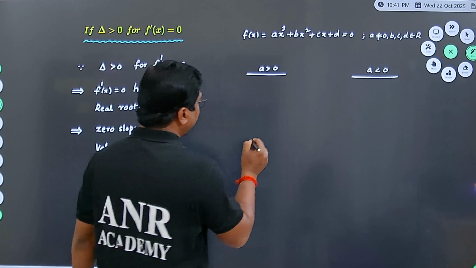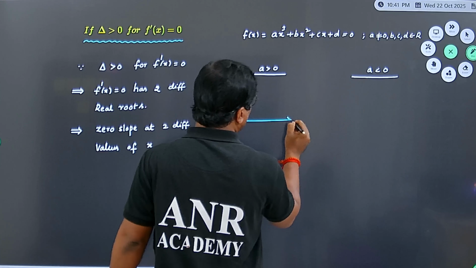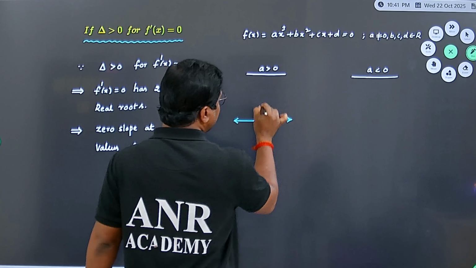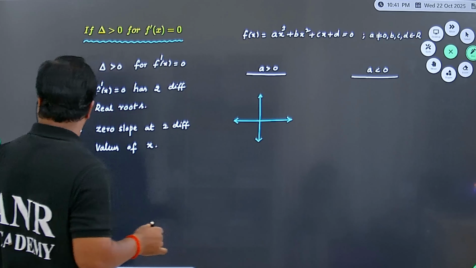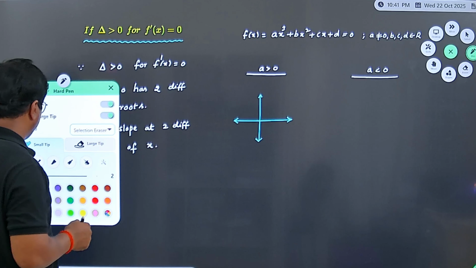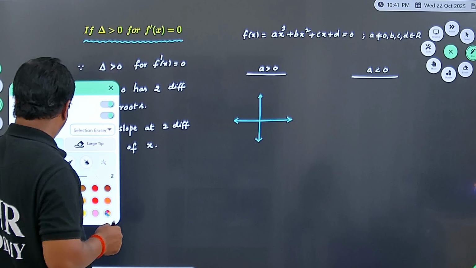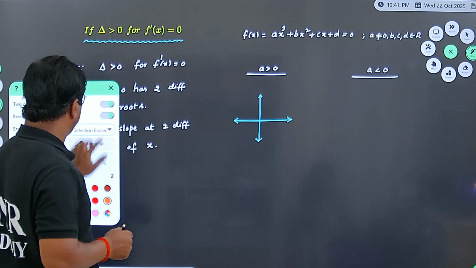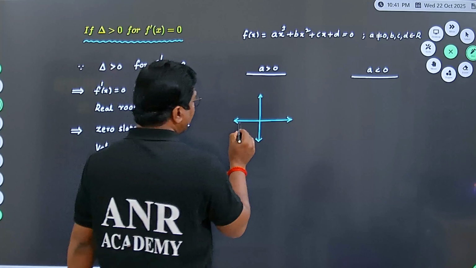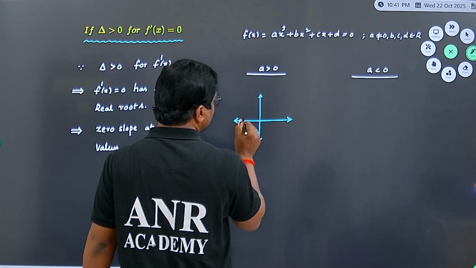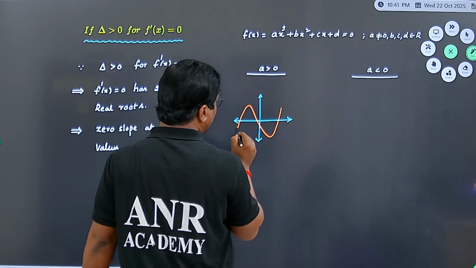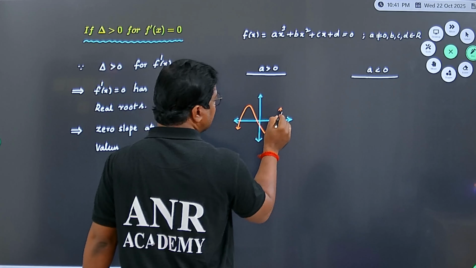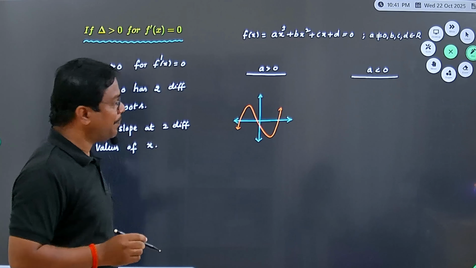let us see, this is the x-axis and this is the y-axis, and suppose that f of x is a function, at two places slope should be equal to 0. You will get, this is one type of diagram.